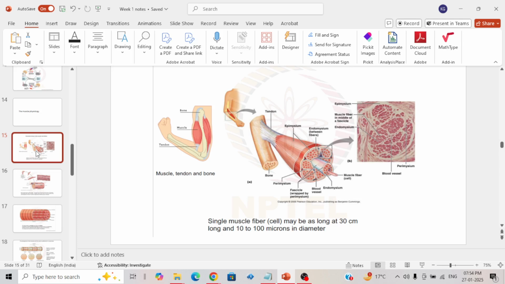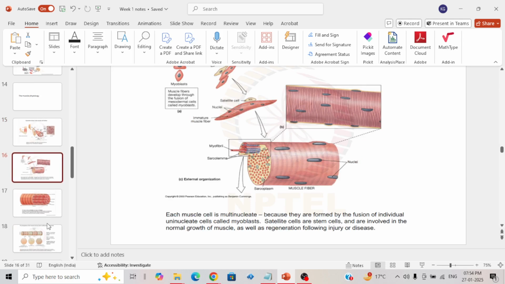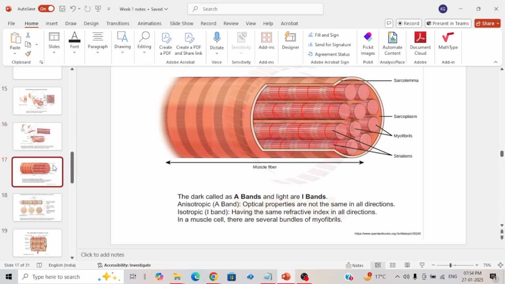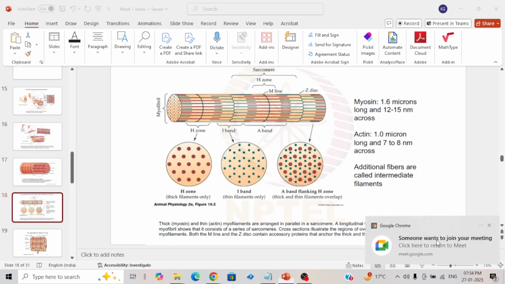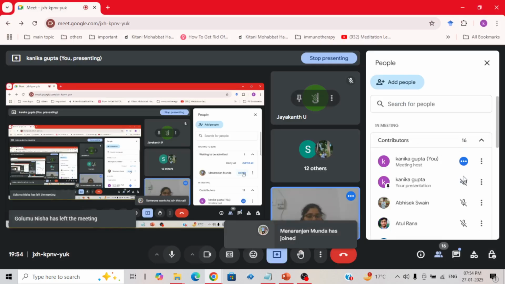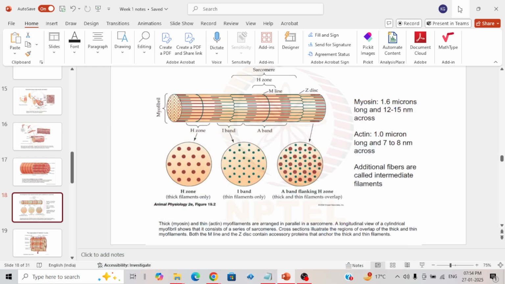If you won't get the arrangement, then you won't be able to understand the functioning also. Read this thing and understand this thing very clearly. If still there is any confusion in the anatomy part, you can ask me.